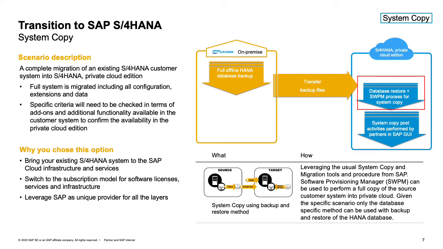Given the specific context of this copy and the migration required in between, you will use the backup and restore method that requires a full backup of the HANA database in the source customer system and the restore of the same backup into S4HANA Private Cloud Edition after the transfer of the backup files to the SAP Cloud.